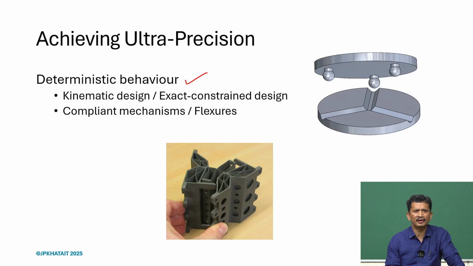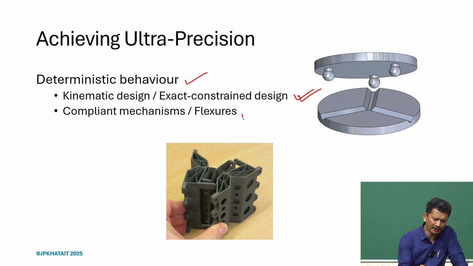Random behavior leads to random results, so we want to control that. We want to reduce the randomness in the system. So how to bring determinism into our design? The key aspect of that is kinematic design, which is also called exact constraint design, which we'll be covering in detail in this course.